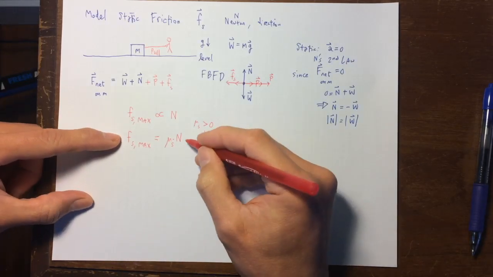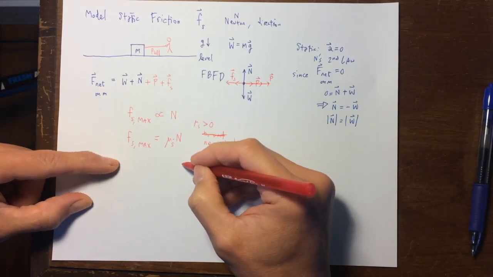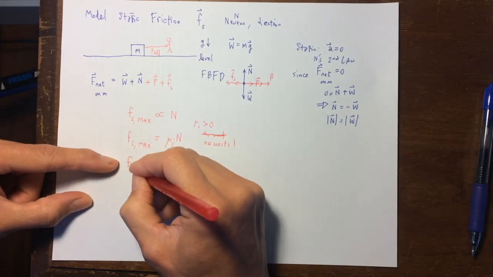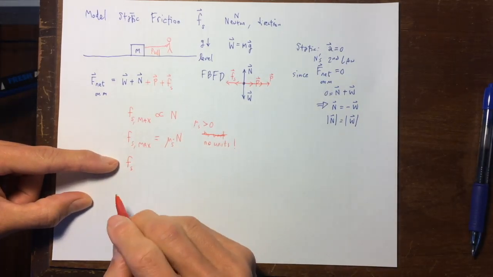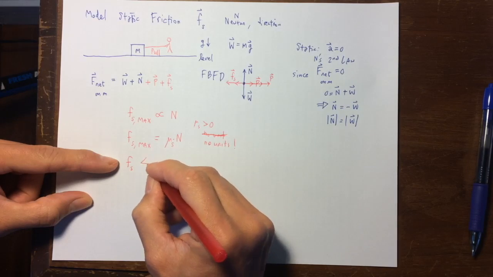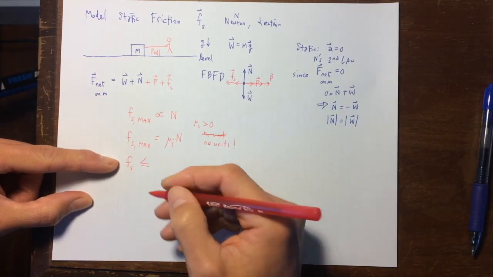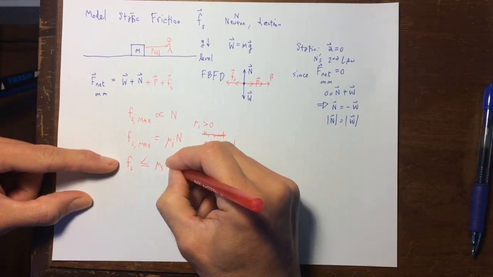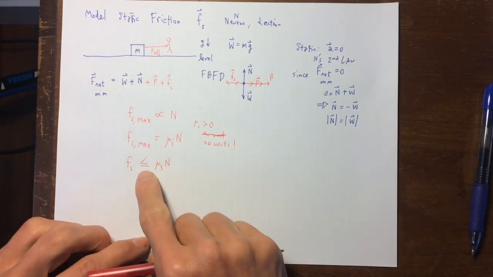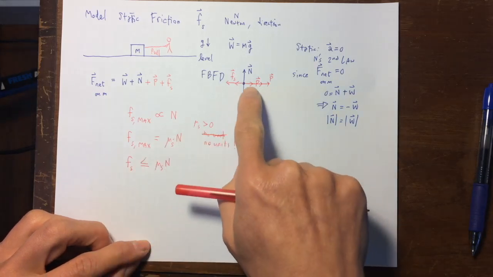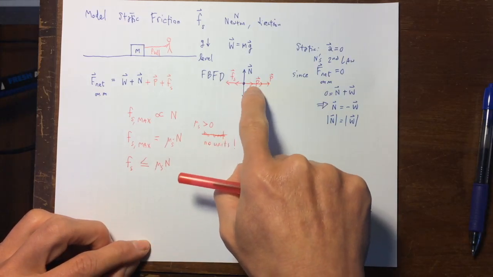I'm going to make this really confusing. I'm going to go down and draw this. I am not going to put the word max. I'm going to say that friction is going to be smaller than or equal to mu sub s n. So the smaller than cases were the cases that I was exploring earlier on.